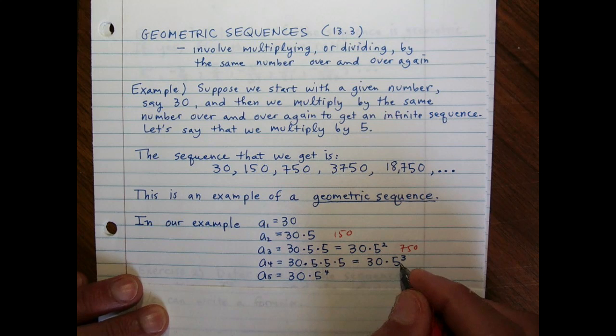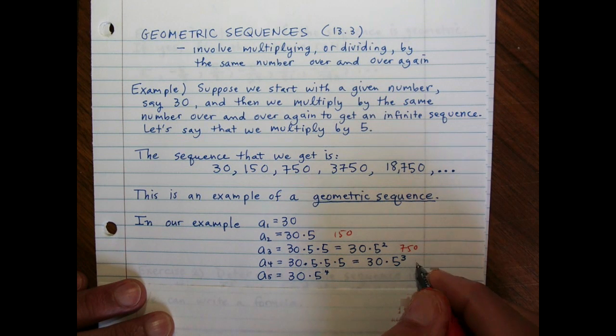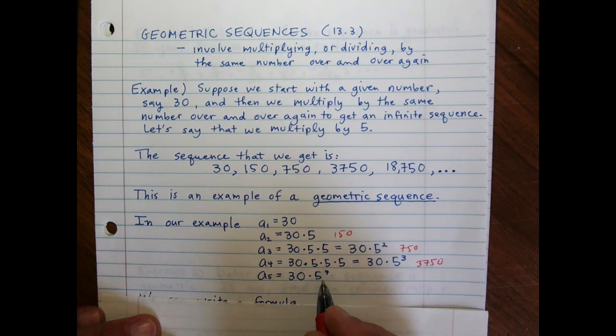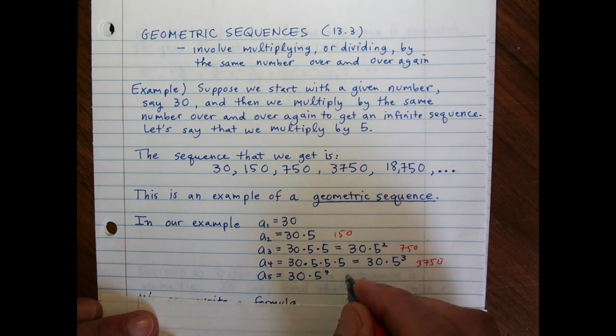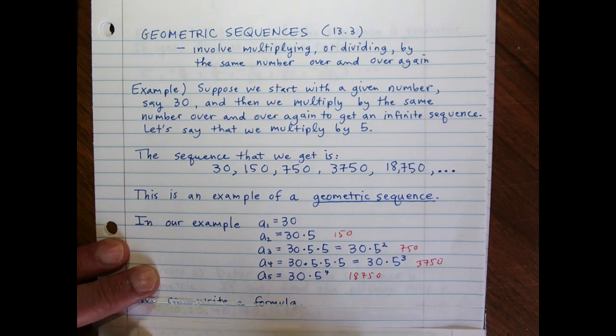We keep multiplying by an additional 5, so we can think of this as 30 times 5 to a power. For a sub 4, it's 30 times 5 to the third. That's going to be 3750. And then the pattern continues, so a sub 5 is 30 times 5 to the fourth power, and that turns out to be that 18,750 number. Things are getting large here.